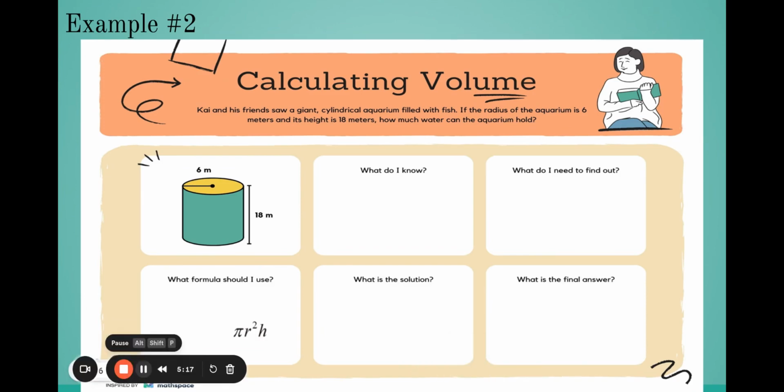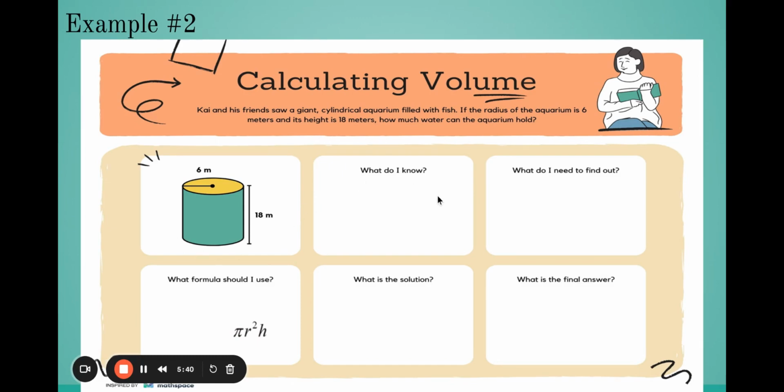Example number 2 states, Kai and his friends saw a giant cylindrical aquarium filled with fish. If the radius of the aquarium is 6 meters and its height is 18 meters, how much water can the aquarium hold? Now here we can see a picture of the cylindrical aquarium. So first, what do we know?